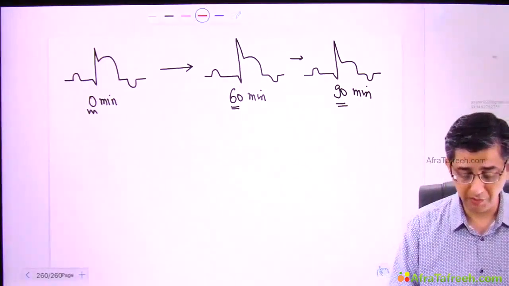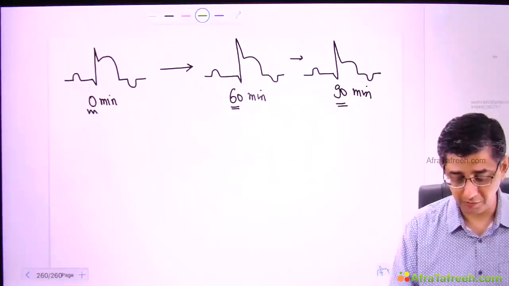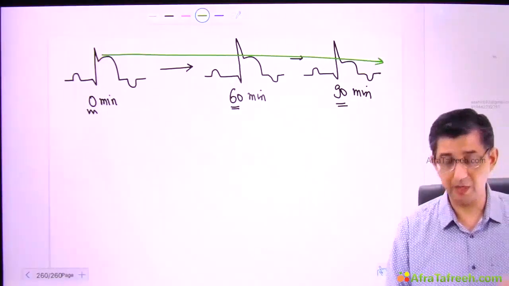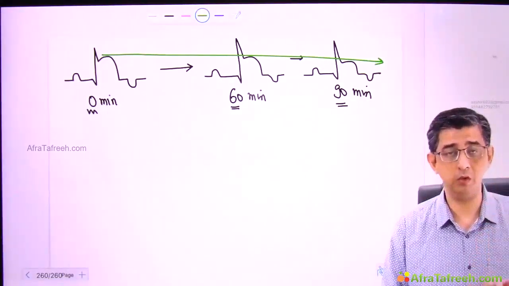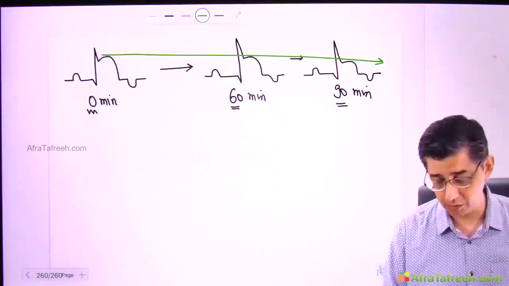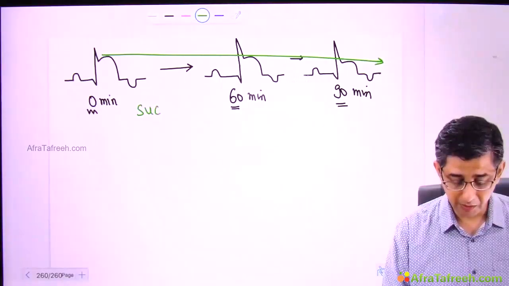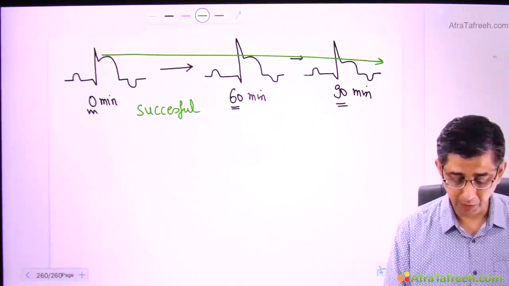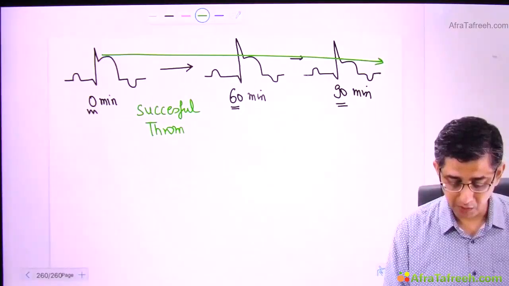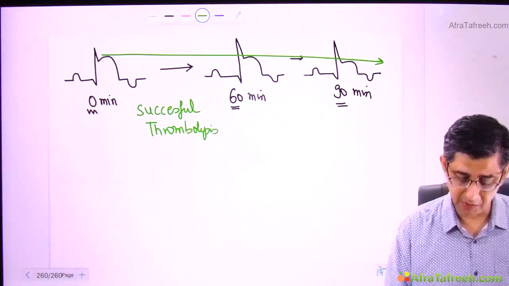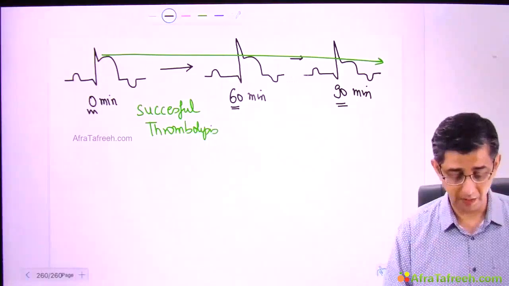You can notice that the ST elevation of the patient is definitely showing a declining trend, from 3 millimeter to 2 to 1.5 to 1 millimeter. So this diagram explains that I have been able to do a successful thrombolysis of the person.